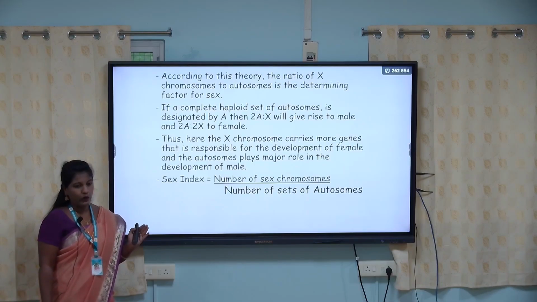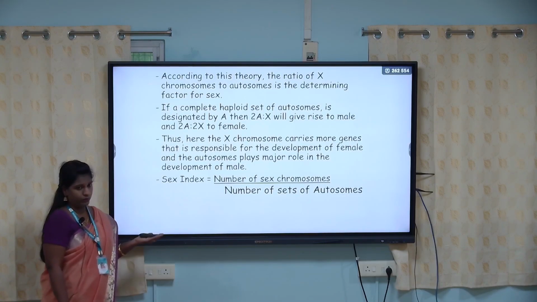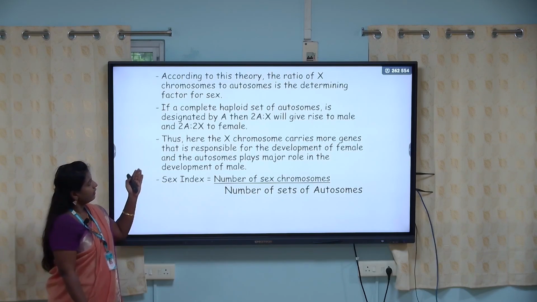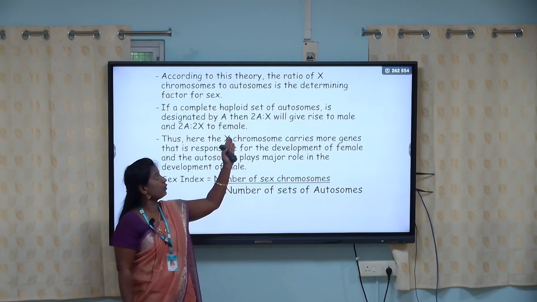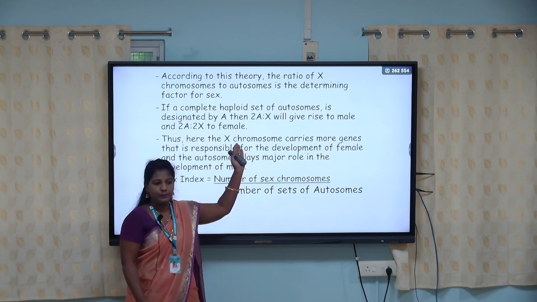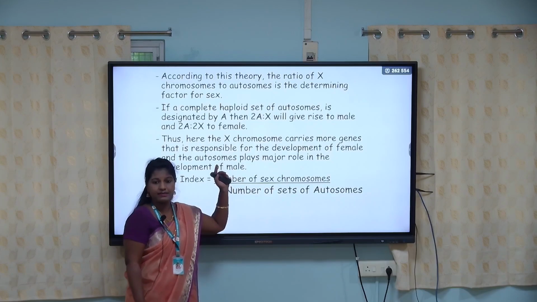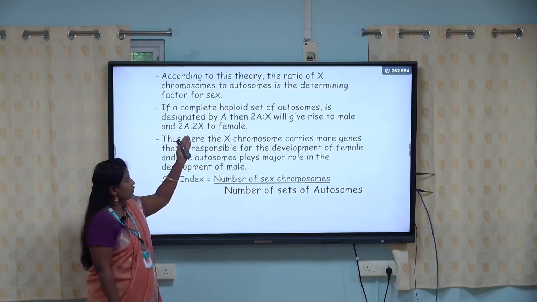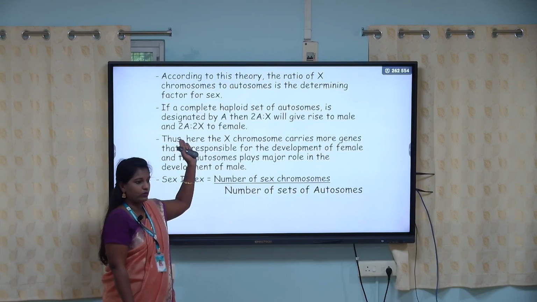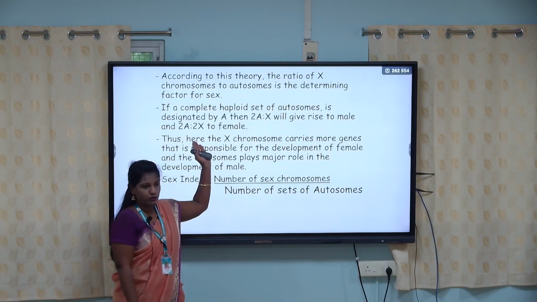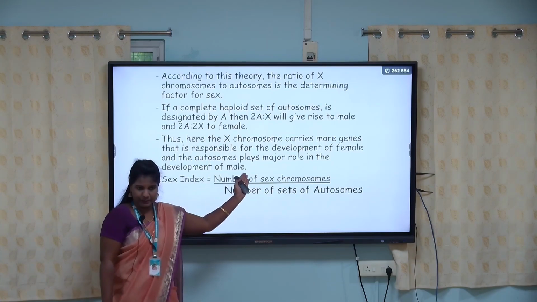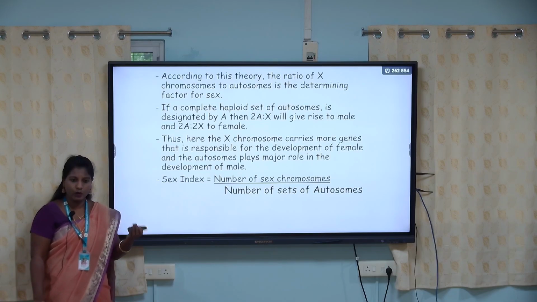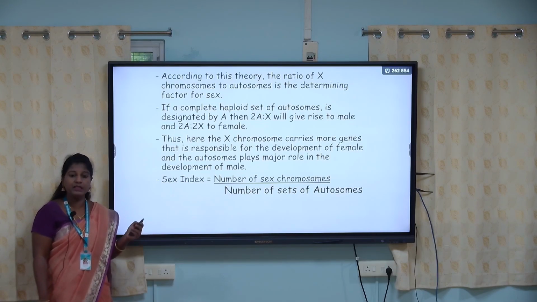If a complete haploid set, n number of autosomes, is designated as A, then the ratio 2A to X, the diploid number of autosomes and one sex chromosome, will give rise to a male, and 2A to 2X, that is 2 sets of autosomes and 2 X chromosomes, determines a female. So this theory clearly indicates that the ratio or the balance present in the genetic system determines sex.